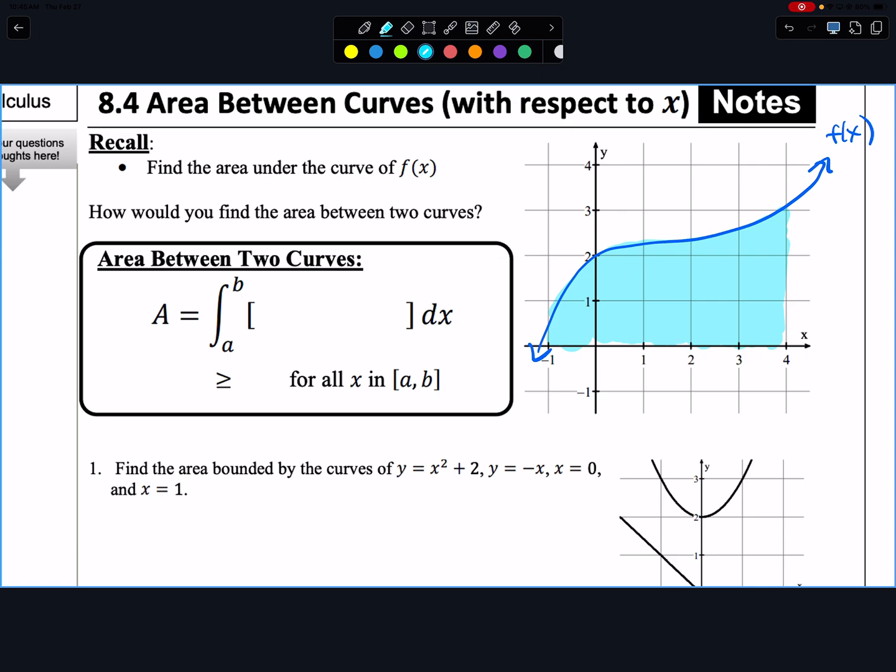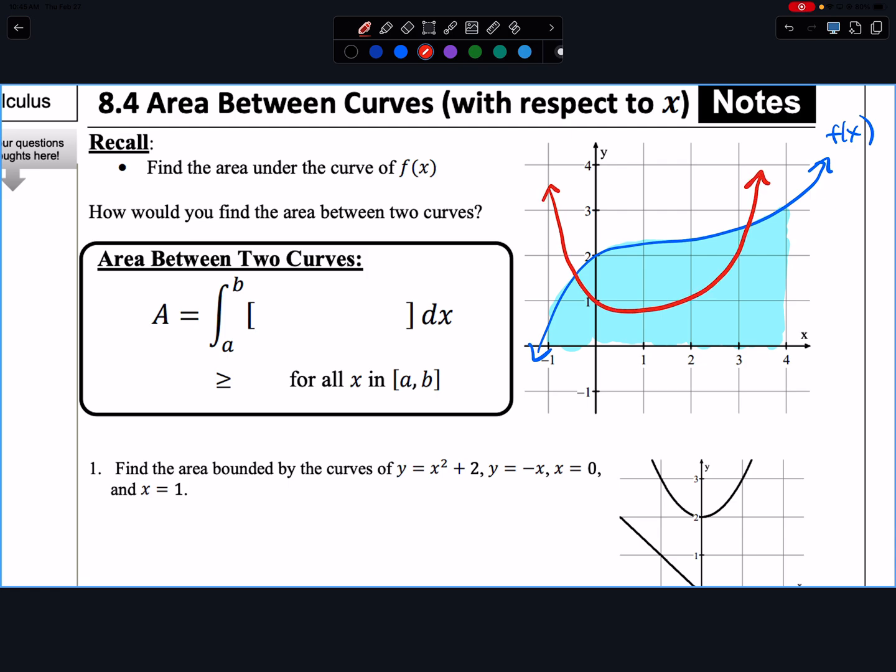What we're going to do now is, what if we have a second function on the graph? So something maybe that looks like this. Actually, that's bad. I don't want to do that. Maybe something like that.